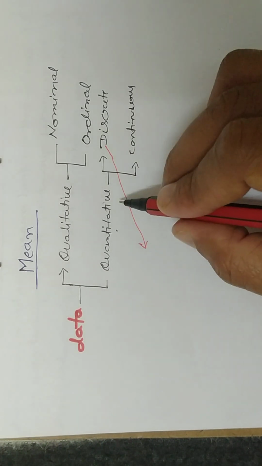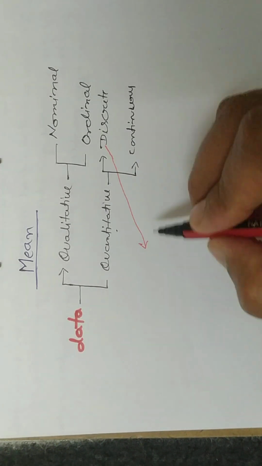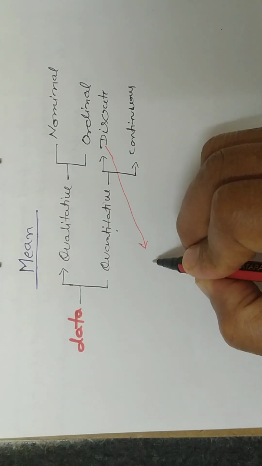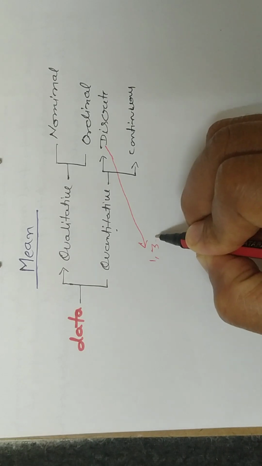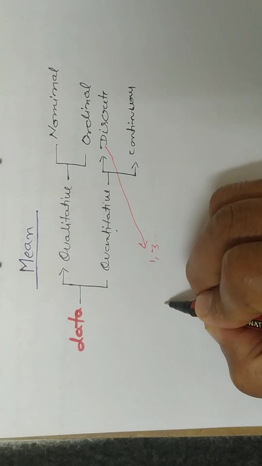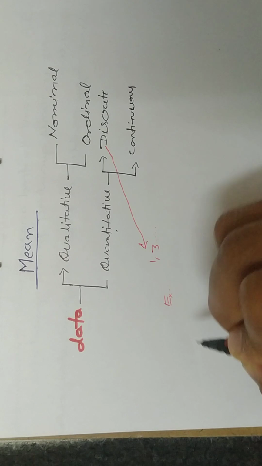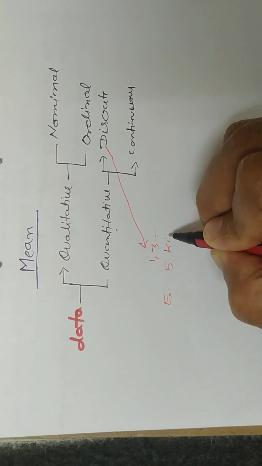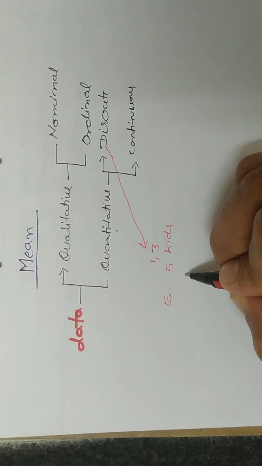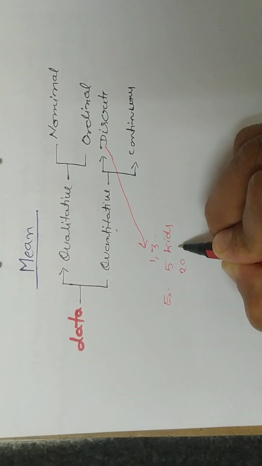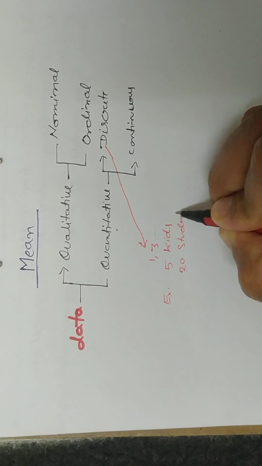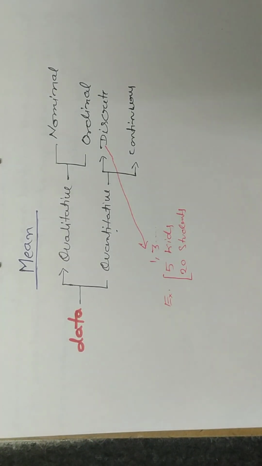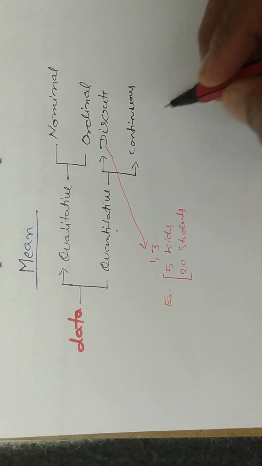This is quantitative data, so we need to find the quantity. We can count the quantity separately. For example, 1, 3 and count of anything. An example of discrete data is 5 kids, 20 students in a class. So this type of quantity is known as discrete data.